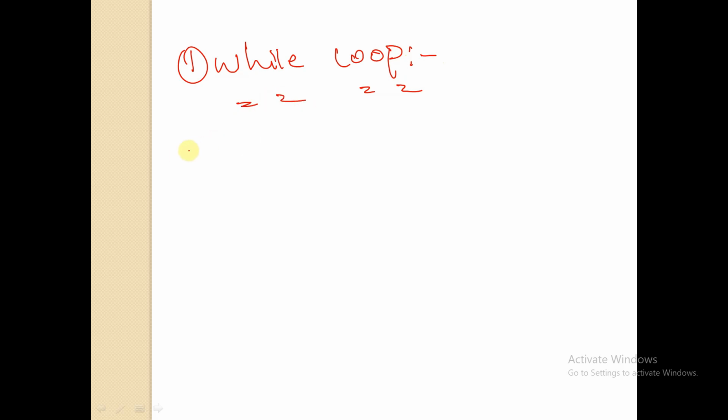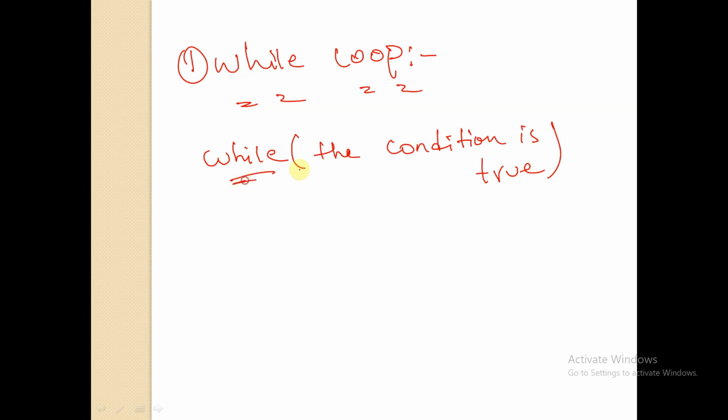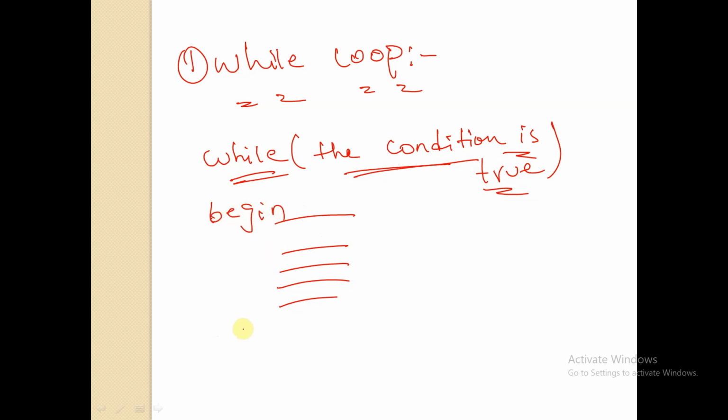In case of while loop, the syntax is while the condition is true. If the condition is true, then the statements written inside the while loop will be executed, and we should write a begin and end in this while loop.